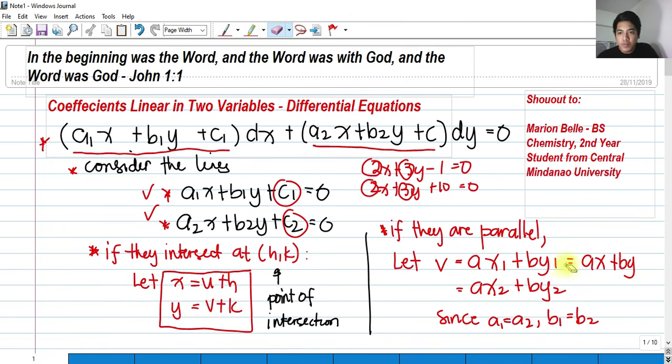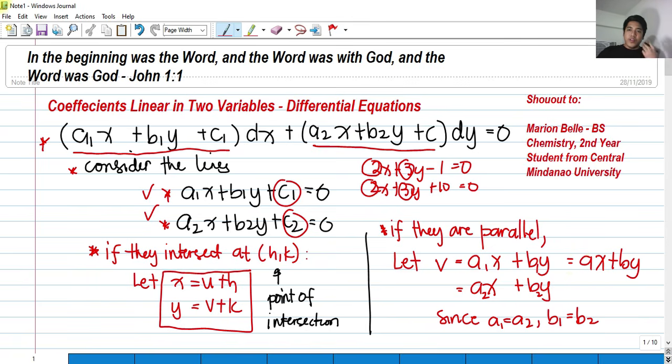My mistake, I'm sorry, this should be a sub 1, a sub 2, and we don't have x sub 1, x sub 2 here because that's the same x. So let me correct that: we have a sub 1 x, a sub 2 x, b sub 1 y, b sub 2 y. In other words, we can use ax plus by in our substitution.